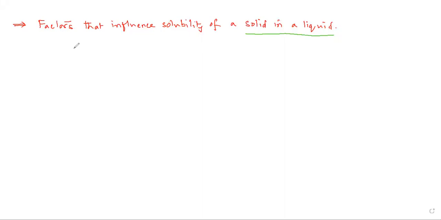We have about 4 factors which influence the solubility of a solid in a liquid.